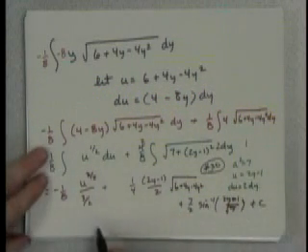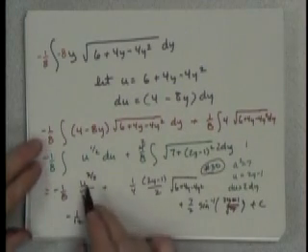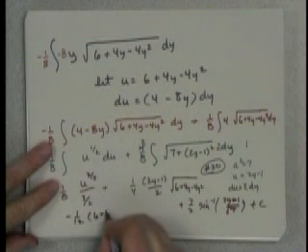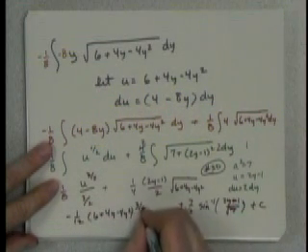And this part I need to figure out. This would be negative 1/12 times 6 plus 4y minus 4y squared to the 3/2 power.